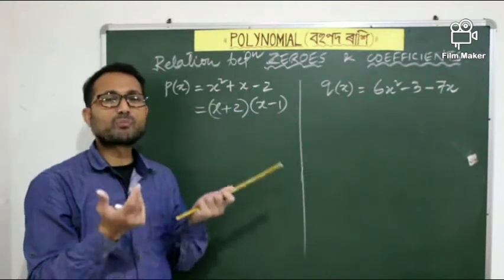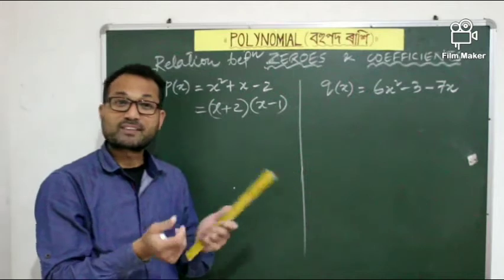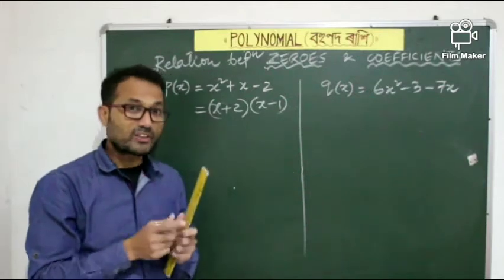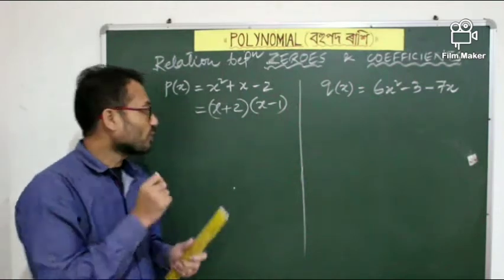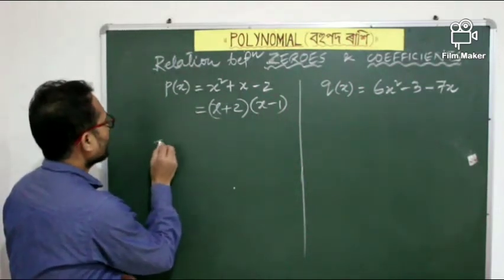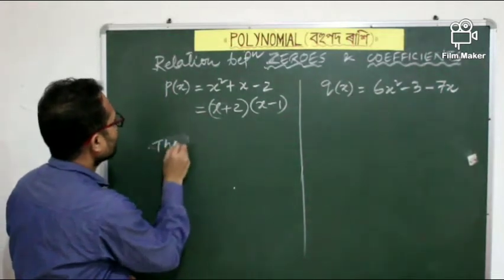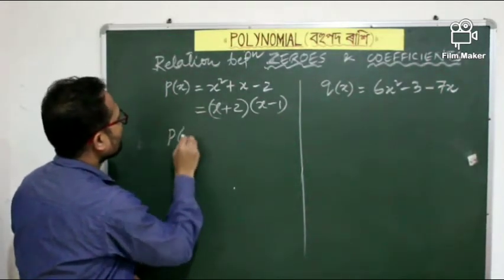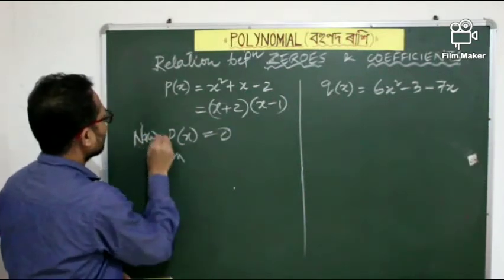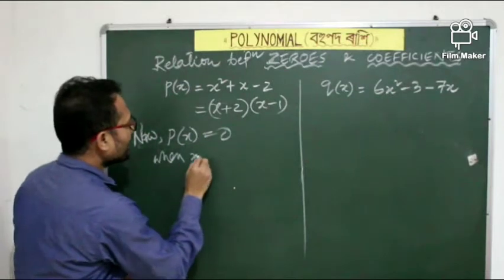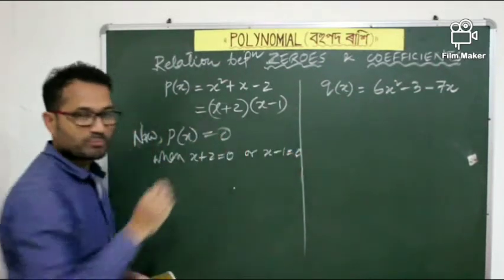So এতিয়া এই দুটা উৎপাদকৰ পূৰণফল শূন্য কেতিয়া হ'ব? Under what condition product of two factors or numbers equals 0? The condition is one of it must be equal to 0. So আমি কি লিখিম? p(x) equals 0 when either x plus 2 equals 0 or x minus 1 equals 0.